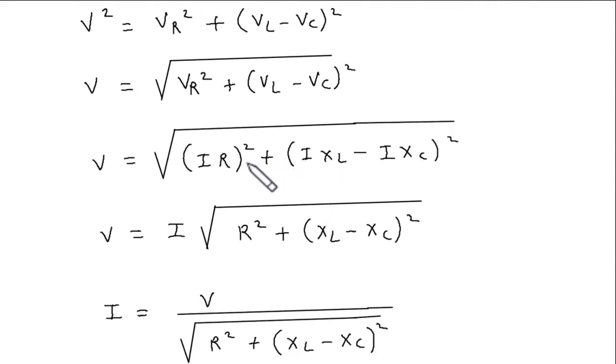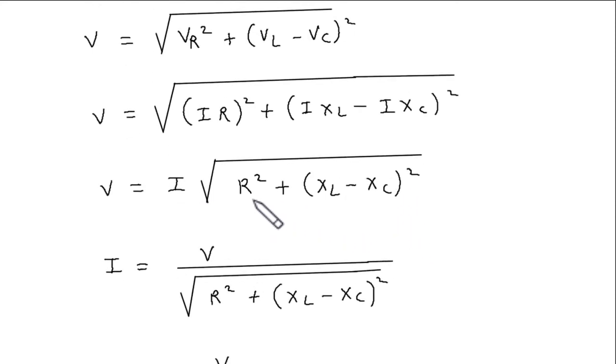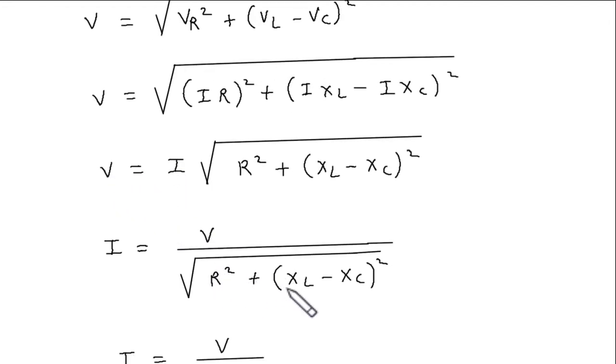Now we can take I square common. When we take I square common, we can take the I outside of this under root. So this will be V is equal to I into under root of R square plus XL minus XC whole square. Now from this, the value of I will be I is equal to V divided by under root of R square plus XL minus XC whole square.